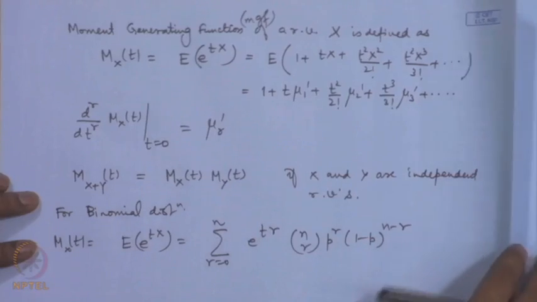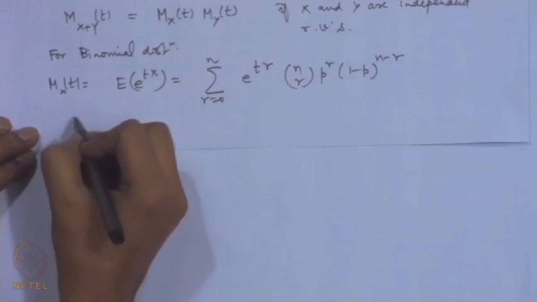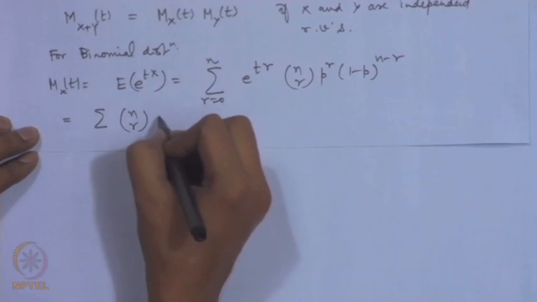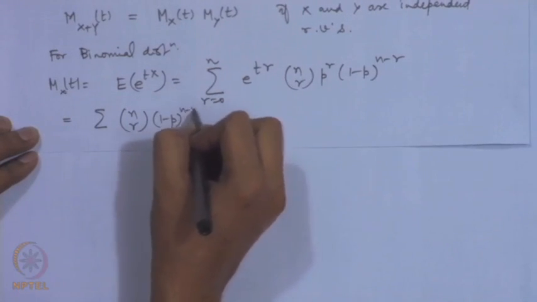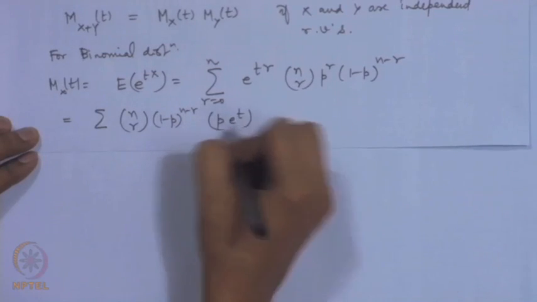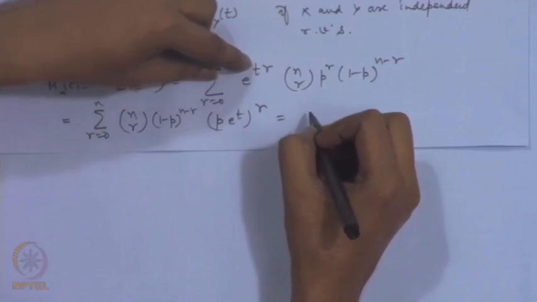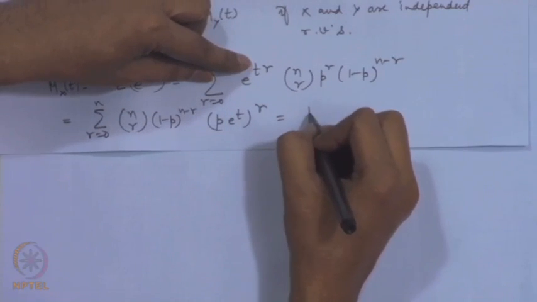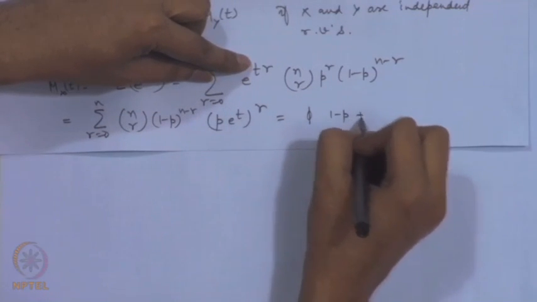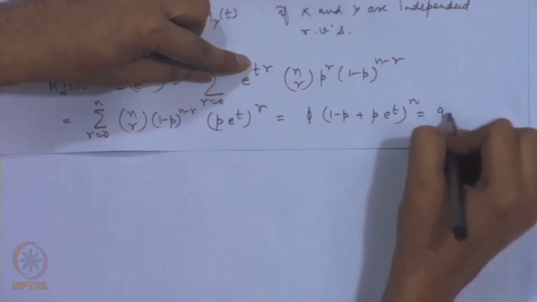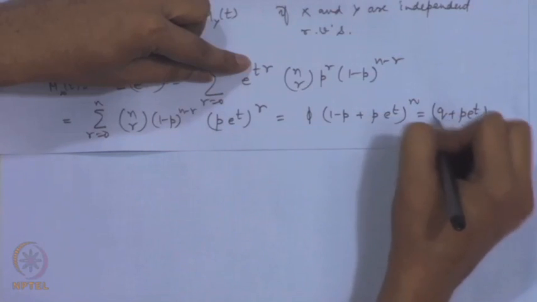This we can write as sigma n C r 1 minus p to the power n minus r into p e to the power t to the power r, r is equal to 0 to n, which is nothing but the expansion of 1 minus p plus p e to the power t to the power n, that is q plus p e to the power t to the power n.